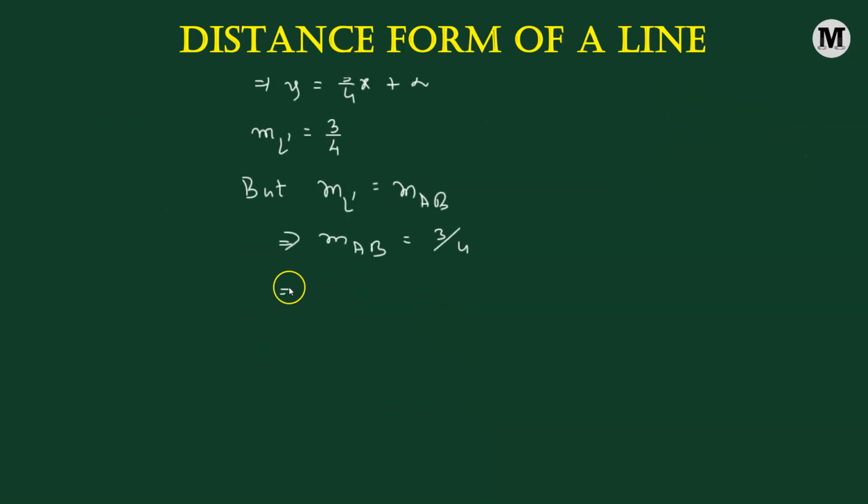Now slope is also defined as the tangent of the angle α, where α is the angle that the line makes with the positive x-axis.